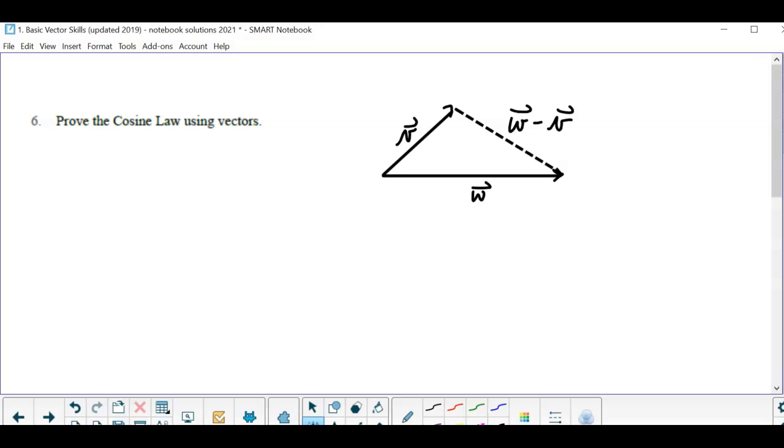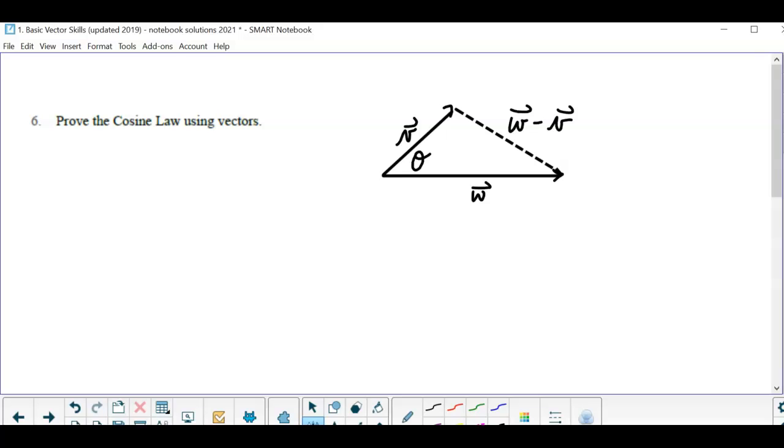Basically do kind of the opposite of what we did in the first part. I'm going to call that angle between the two vectors theta, okay? And we want to look at the relationship between the sides in this and come up with the cosine law.